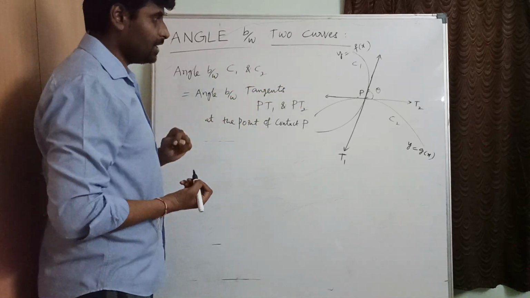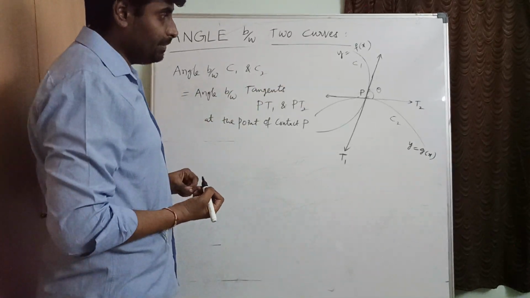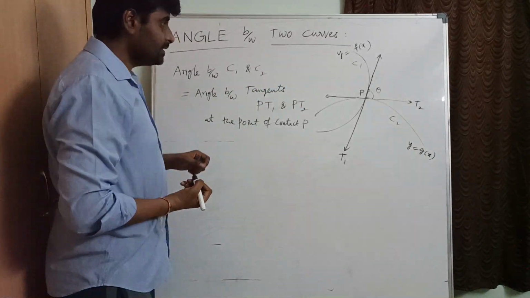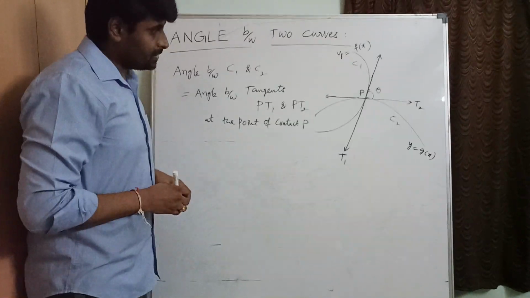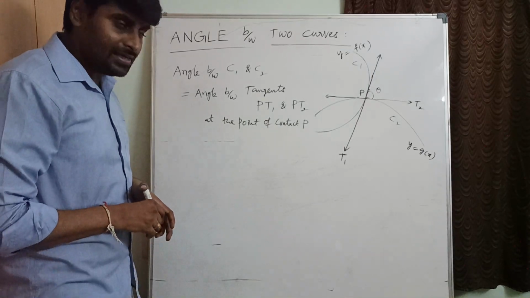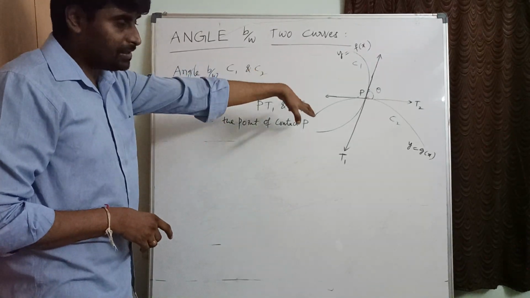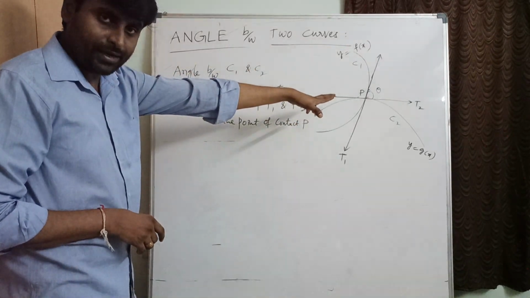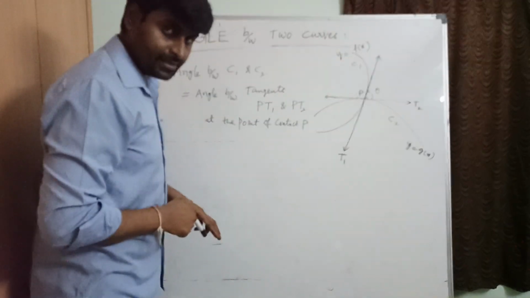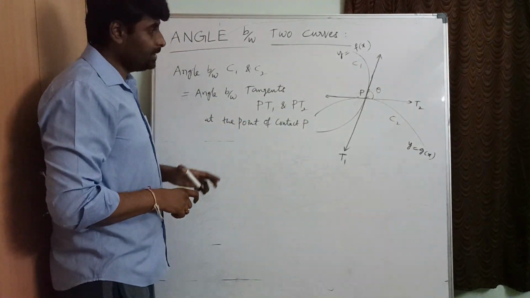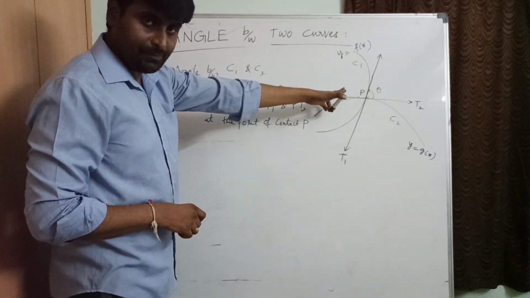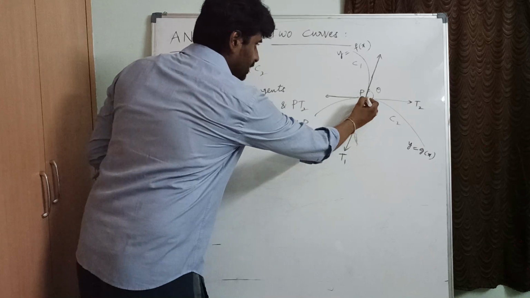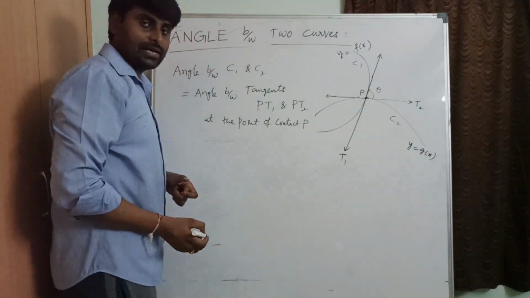So the theta is what we are going to calculate. How can we find the angle between two curves? By finding their slopes. How can we find the slope of the first curve and the second curve? We differentiate the first curve and substitute point P, and we get slope 1, M1, which we have discussed already. Now differentiate the second curve and substitute the same given point, then we get M2.